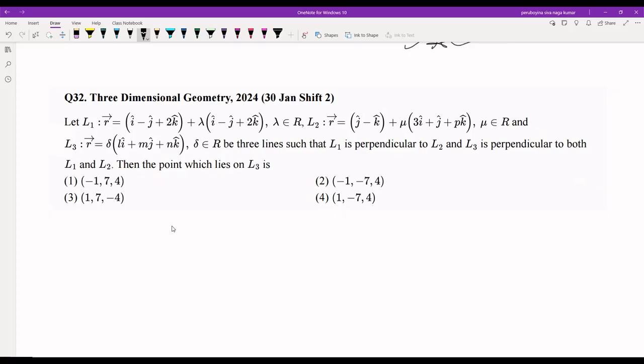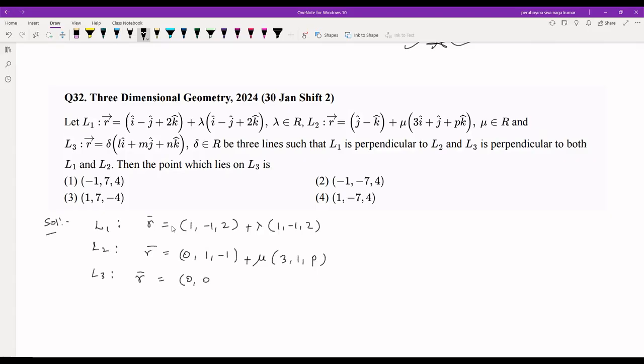Okay, first we will write the conditions. We will write the lines. So L1 line: R bar equals (1, minus 1, 2), which is the passing point, plus lambda times (1, minus 1, 2). And L2 is R bar equals (0, 1, minus 1) plus mu (3, 1, P). P is given. Okay, understand it. L3 is R bar equals, the passing point is not given, and delta of (L, M, N).